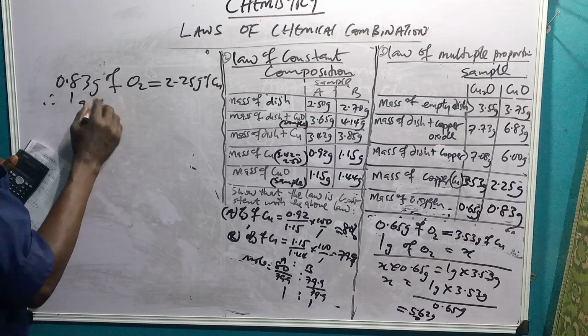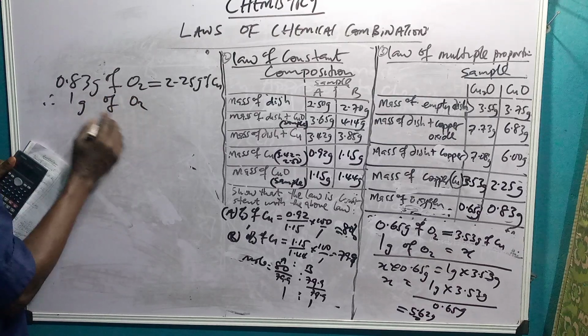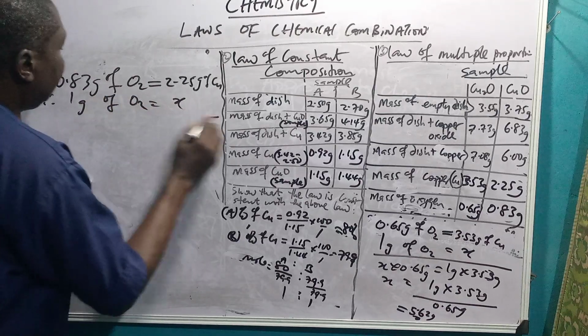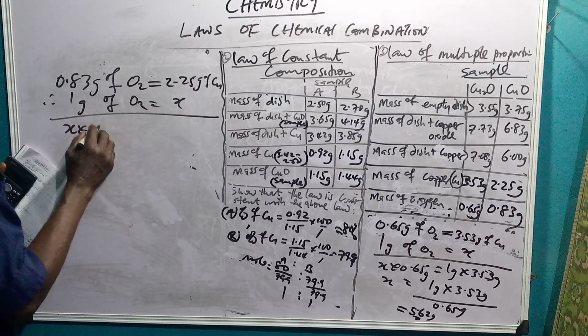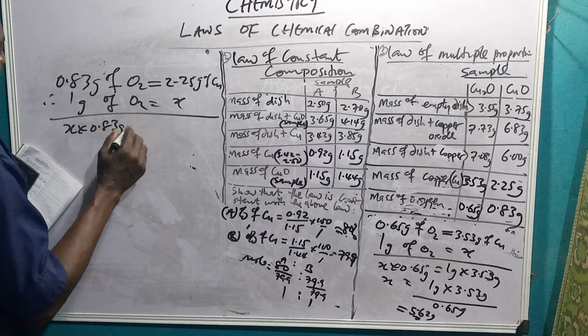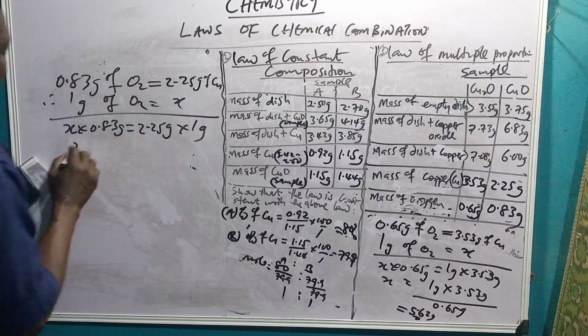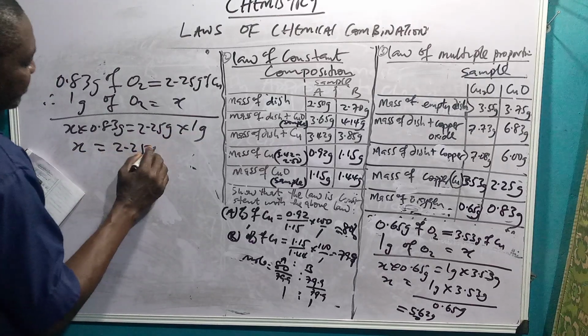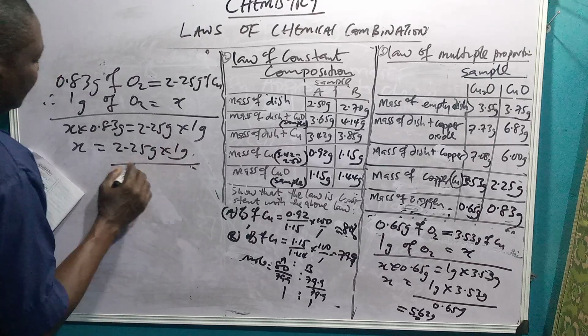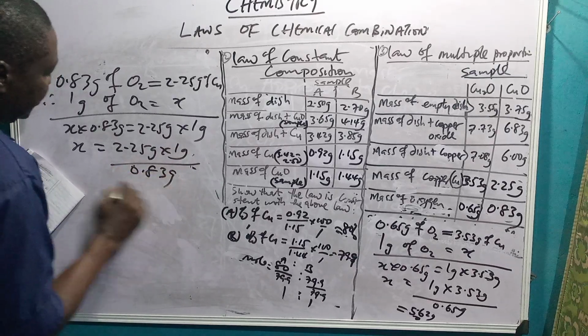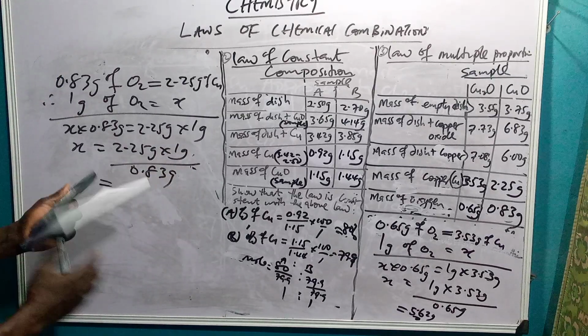Therefore, 1 gram of oxygen, the constant one, gives you X. X times 0.83 gram equals 2.25 gram times 1 gram. X equals 2.25 gram times 1 gram over 0.83 gram.